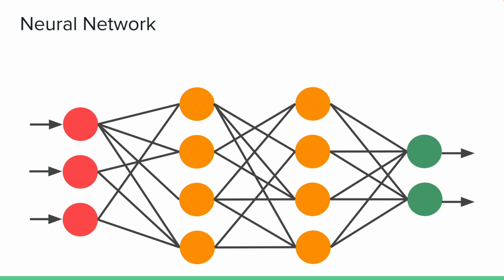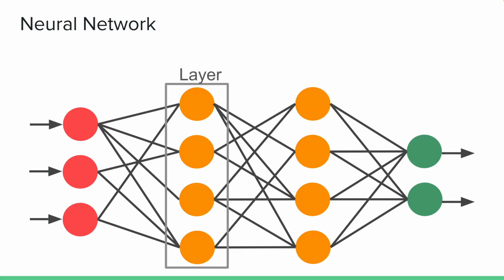If you connect them in a specific way, so that information only flows from one side to the other, we typically call this a feed-forward network. And those are the most popular neural networks that you will encounter. Neural networks are universal approximators, meaning that they can, in theory, approximate any function given the right training and the right data. And inside of such a network, we typically have neurons that share the same inputs.